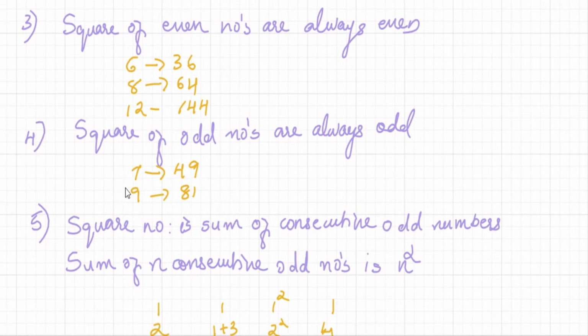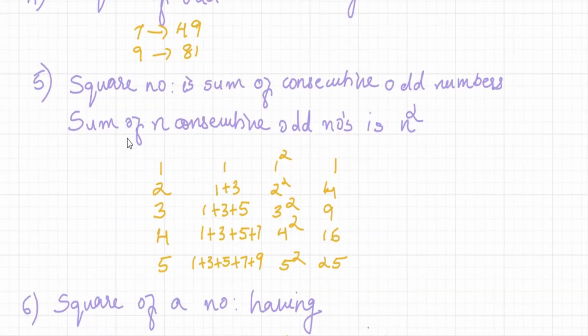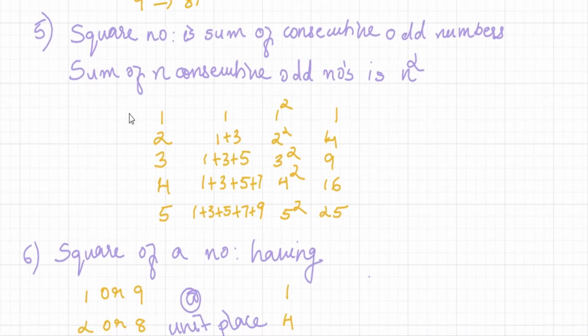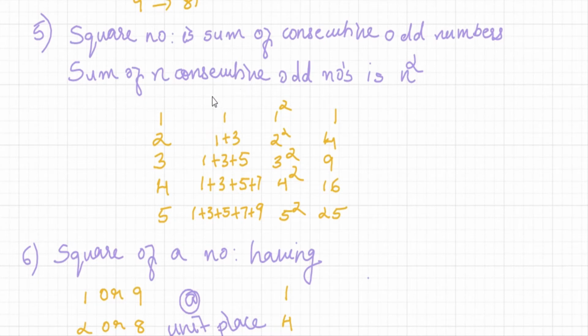That's it. Now the next property is that a square number is the sum of consecutive odd numbers. That is, the sum of n consecutive odd numbers is n square. See here, let n be 1. So only 1, and 1 square is 1.